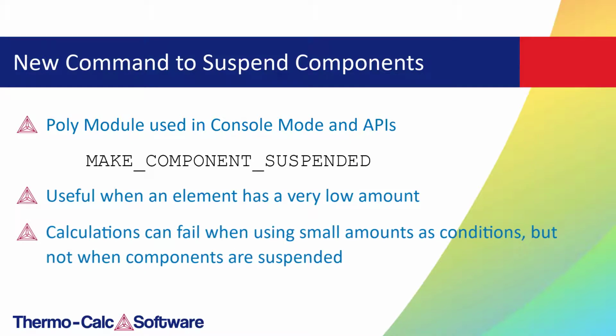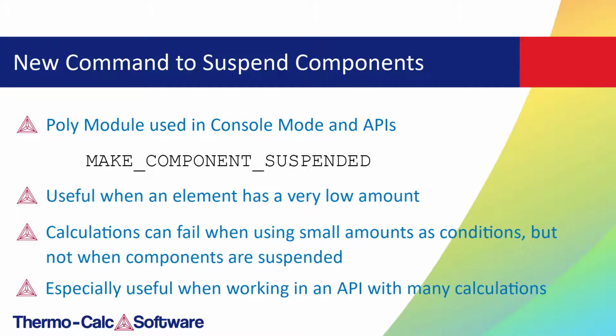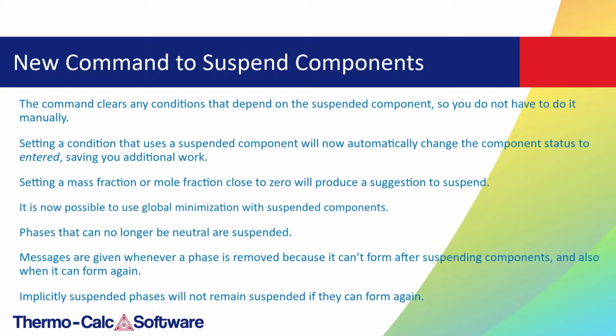Additionally, calculations can fail when using small amounts as conditions, but they will not fail when the components are suspended. This new command is especially useful when working in an API with many calculations. Users could already suspend components using the change status command, but this new command is much easier to work with. Benefits of the new command are listed on the screen.